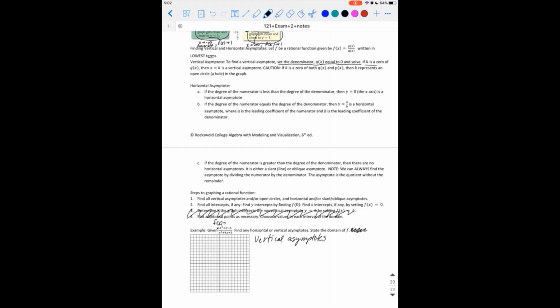And it says if k is a 0 of the denominator, then x equal to k is a vertical asymptote. However, caution, if k is a 0 of both the denominator and the numerator, then k is an open circle. So the key here is to factor to find the zeros, just like we've done before.